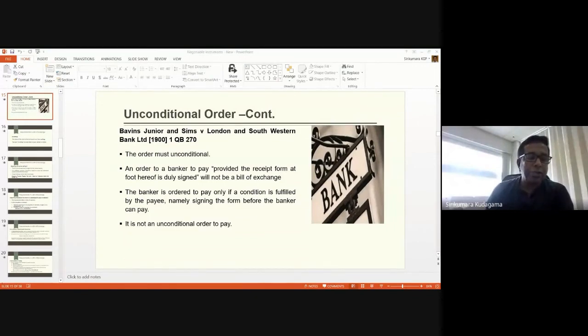Since most of you, at least, have joined the banking sector after 2006, check imaging and truncation must be the check clearing system that is known to you. But check imaging and clearing has a lot to do with these protection related provisions, as well as some of the things that I have discussed up to now.